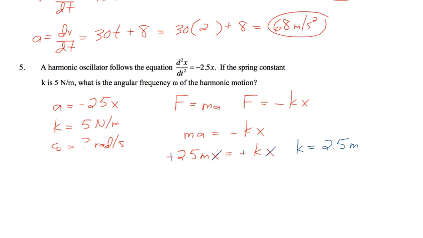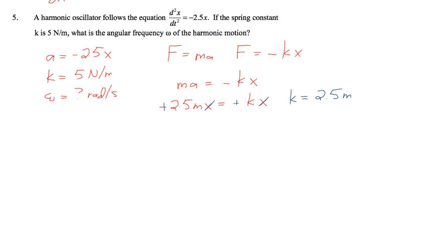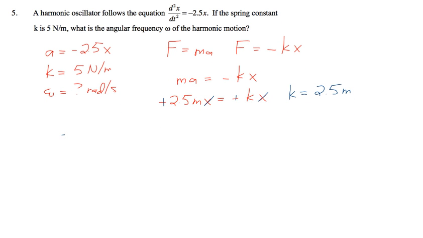Well, if we're looking for omega, remember we have a formula that says omega equals the square root of k over m. So let's write that in. Omega equals the square root of k over m, and I'm going to replace k with 2.5m.